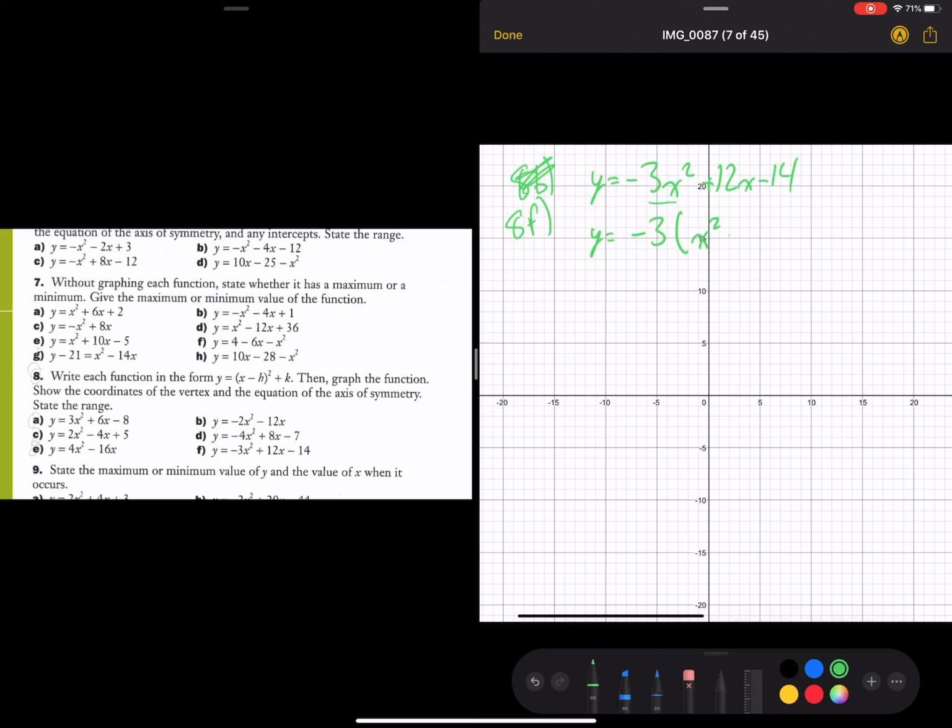Minus 3 times minus 4x is plus 12x. This minus 14 stays on the outside. We want to make this a perfect square. What do we have to do? How do we get our c value? C equals 4 over 2, we take that value, squared, which is equal to 2 squared, which is equal to 4.